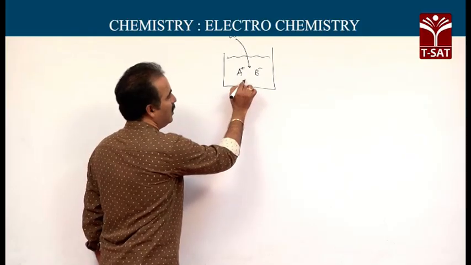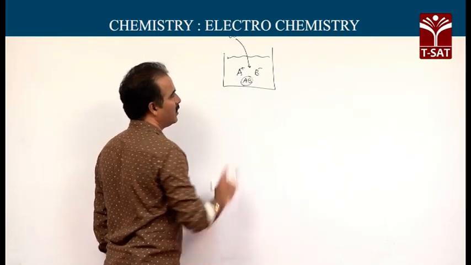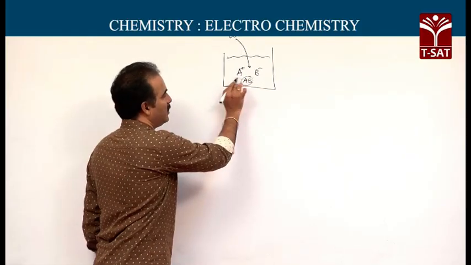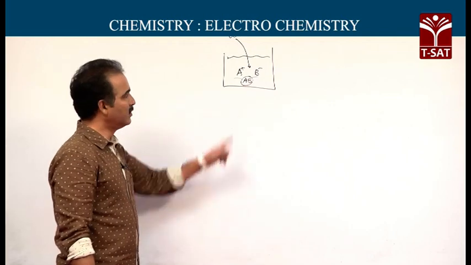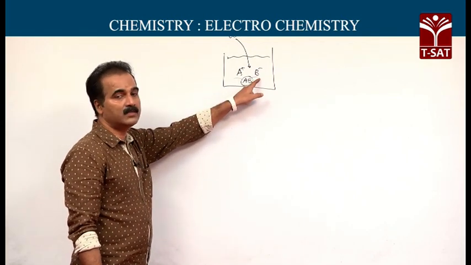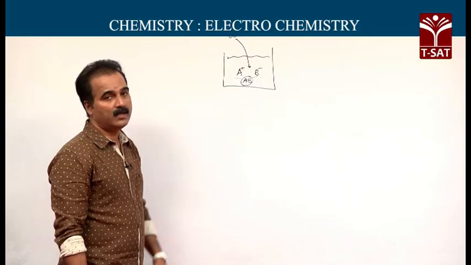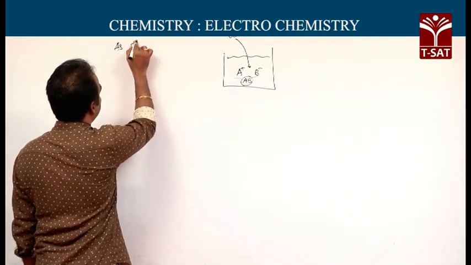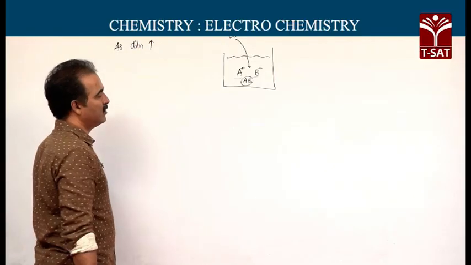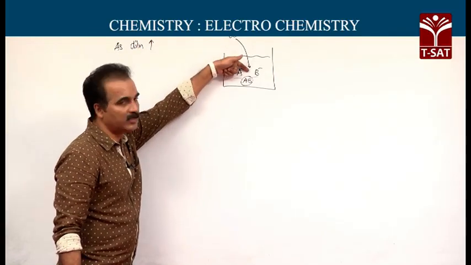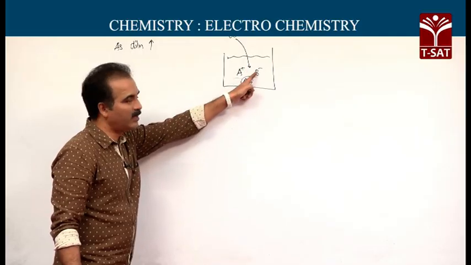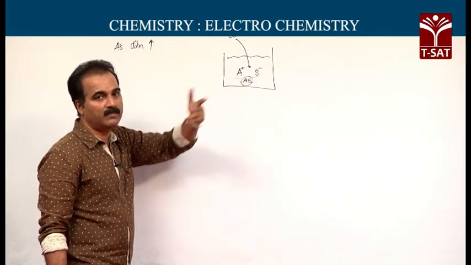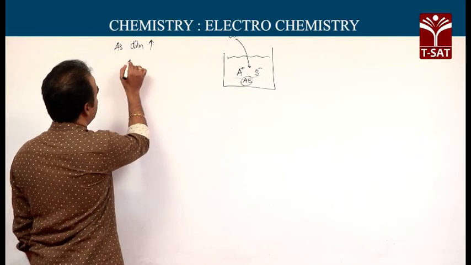If there is any undissociated electrolyte, that also will dissociate. As a result, the number of ions increases, automatically conductance increases. So, as dilution increases, first thing, because of the addition of water, some more electrolyte will dissociate, means its degree of dissociation is increasing.